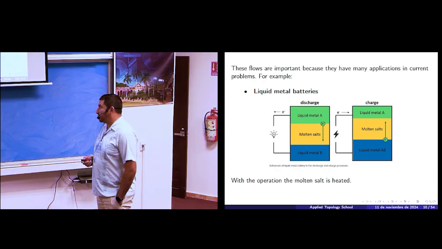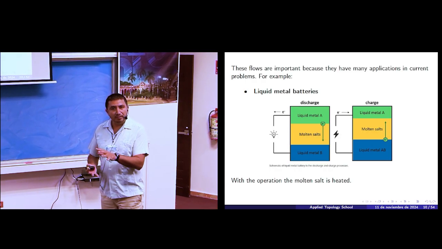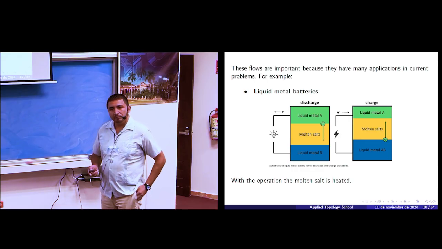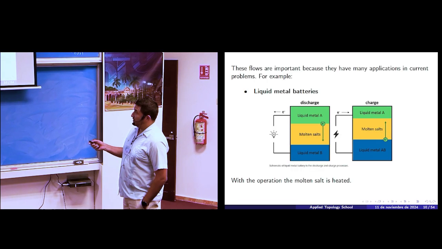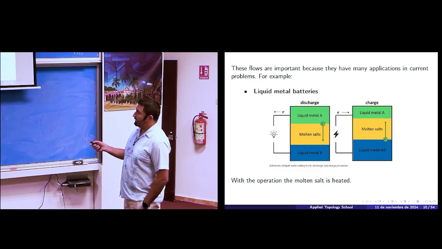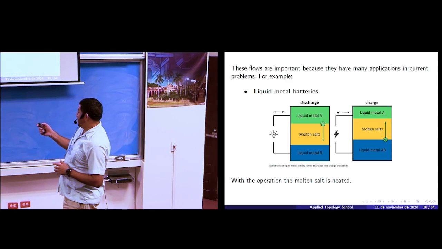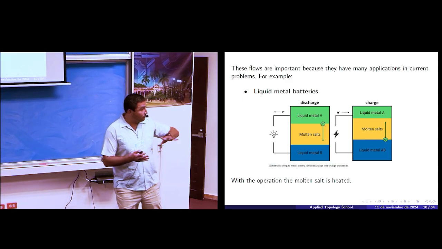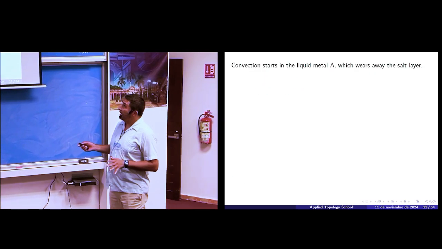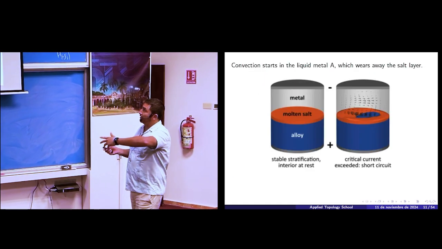Not exactly the vector field. The behavior of the Lagrangian orbit, the shape of the Lagrangian orbit. Then when the molten salt is heated, the liquid metal battery begins in the liquid metal A. In this part a convective flow begins, which wears away the salt layer.